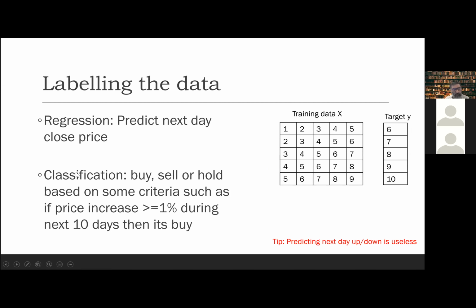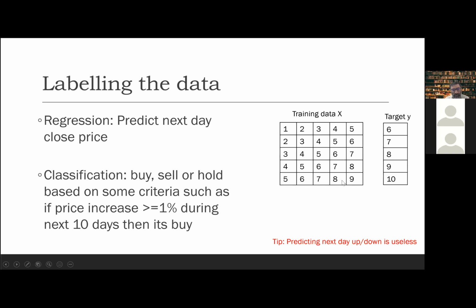Another thing which is more useful is a classification problem. You can turn this regression problem into a classification problem. You say, I'm going to look at the next 10 days, and if the price increases by more than 10% in the next 10 days, you label this as a buy.